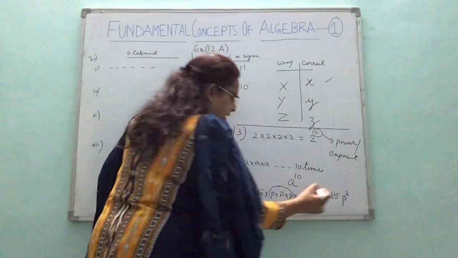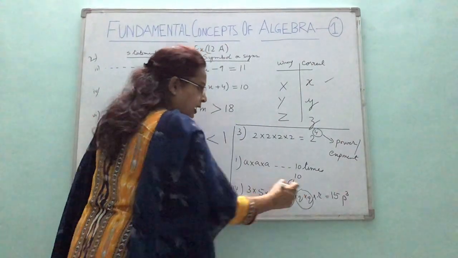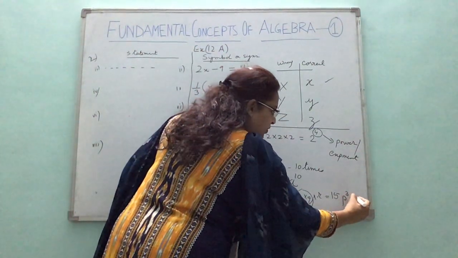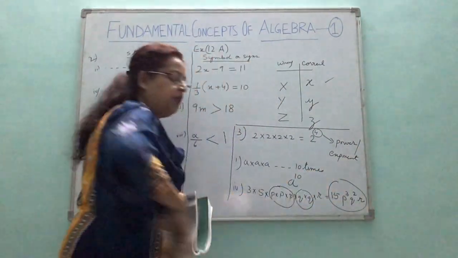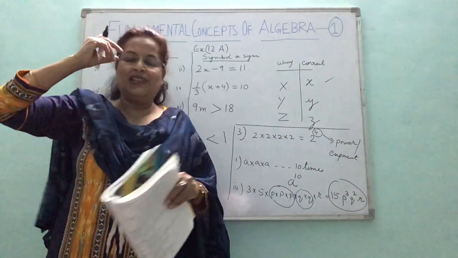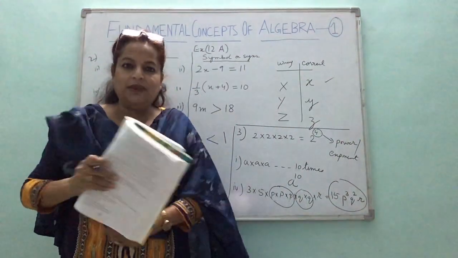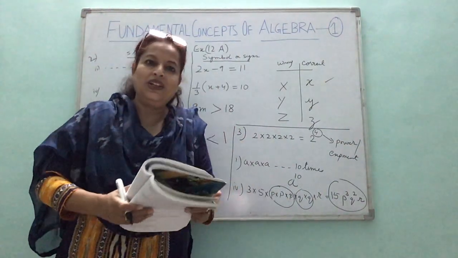P raised to power 3. Next is Q. How many times? 2 times. Do not put multiplication sign now. Q raised to power 2, and finally R. We will not be putting the multiplication sign. It is just written one after the other without the sign in between. It represents multiplication. So it is in exponential form.